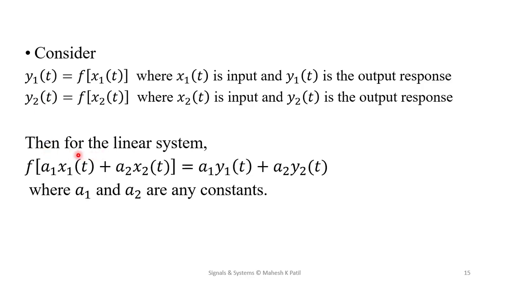Now if we multiply x1 of t by any arbitrary constant a1, and multiply x2 of t by any arbitrary constant a2, and add these, then we get the function of a1 x1 of t plus a2 x2 of t. If this is equal to a1 y1 of t plus a2 y2 of t, then we can say the system is linear, else the system is non-linear.